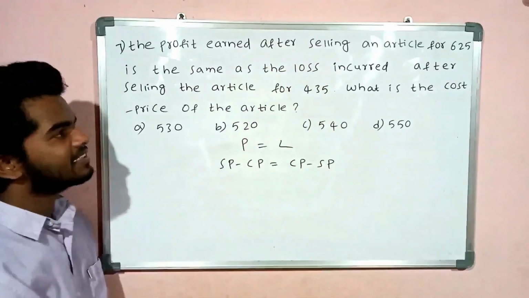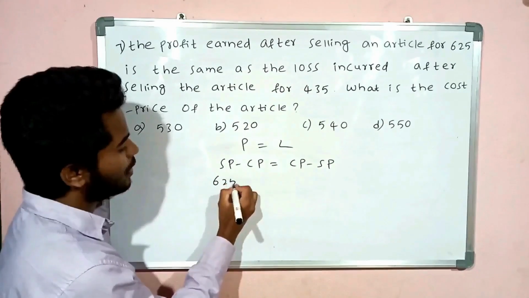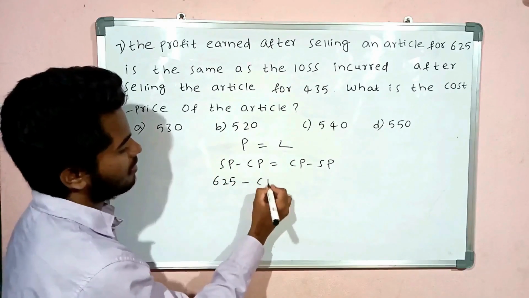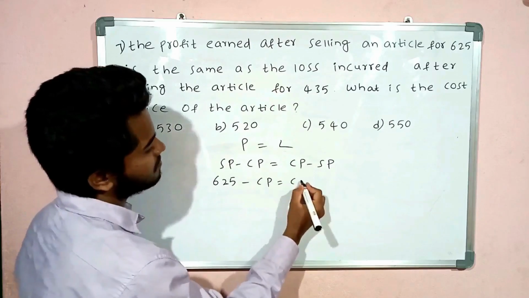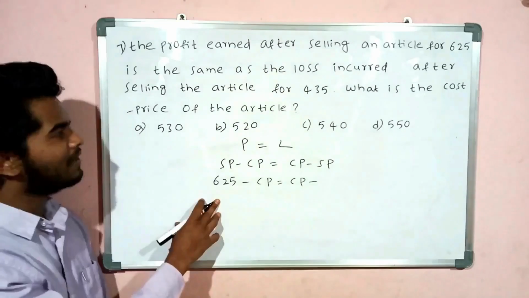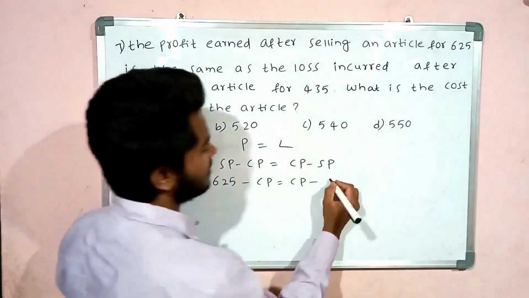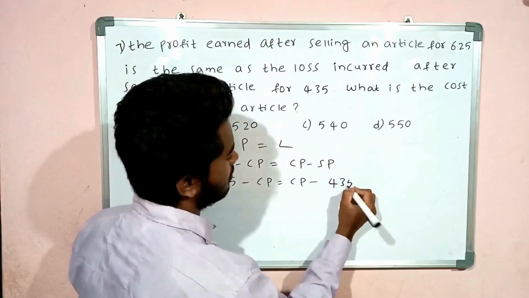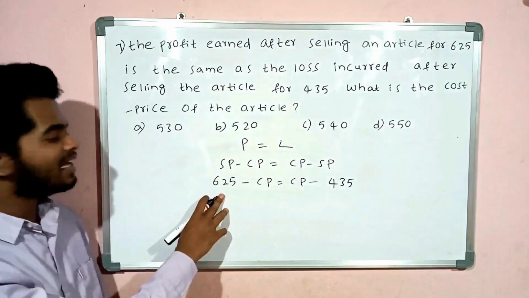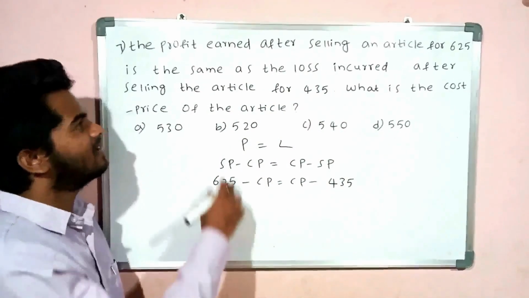The profit selling price is 625, the loss selling price is 435.